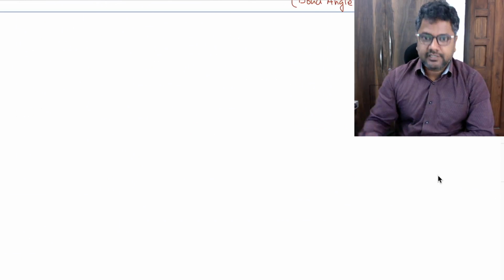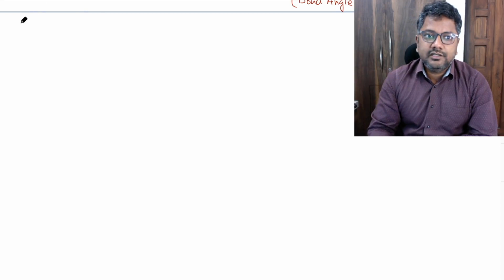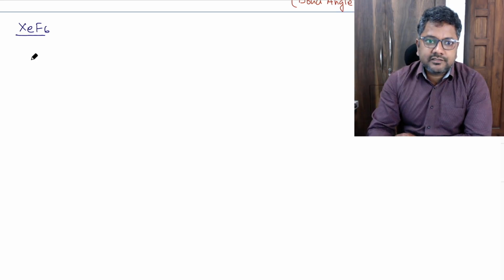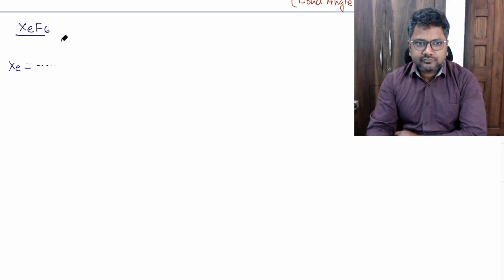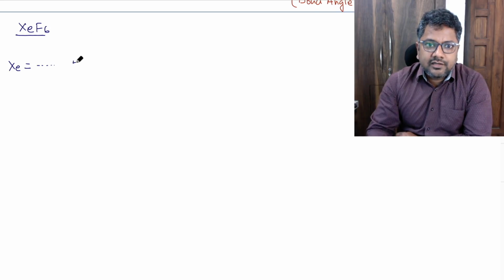Now see another example I am taking here, XeF6. So if you see XeF6, what is the electronic configuration of xenon? The core is that of krypton, and the valence shell electronic configuration is 5s2 and 5p6.